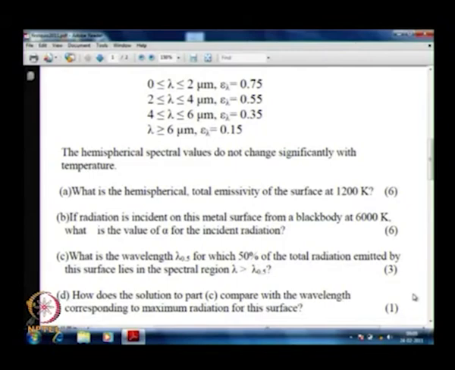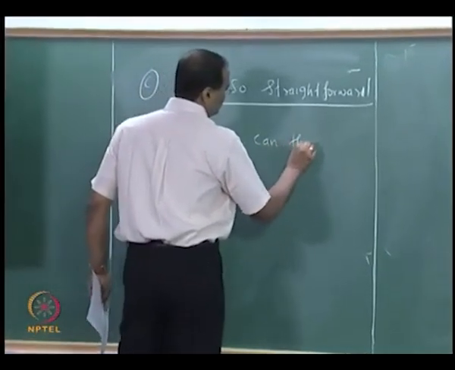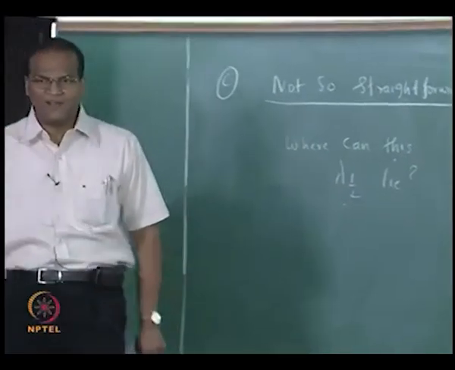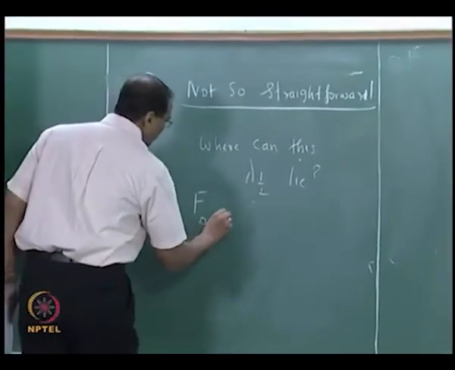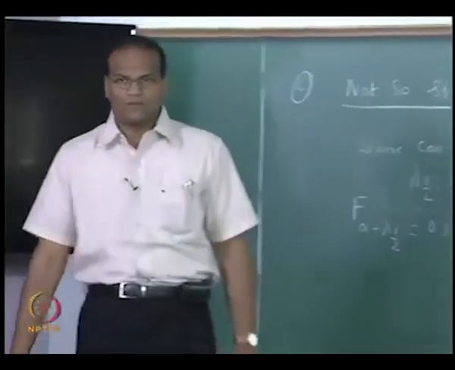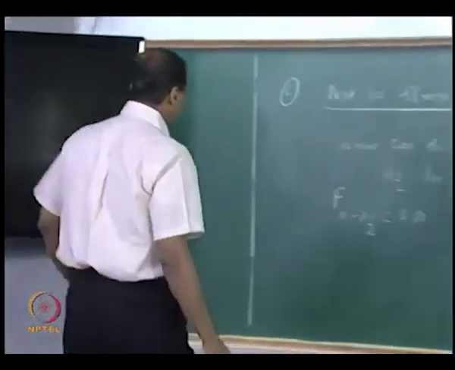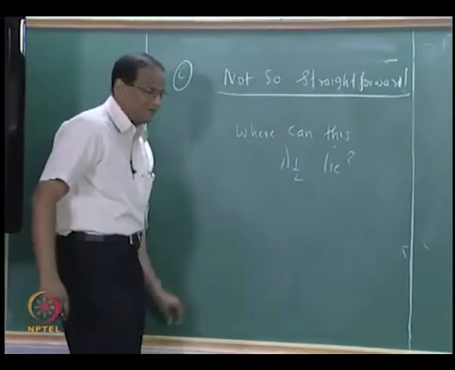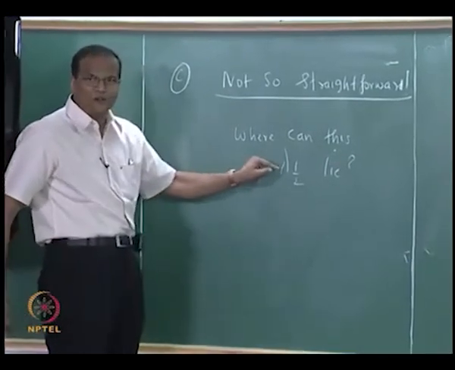But now, where can this lambda half lie? What is this lambda half? That is f of 0 to lambda half. No, it is not even this. What does it mean? First we have to find out what this lambda half is.